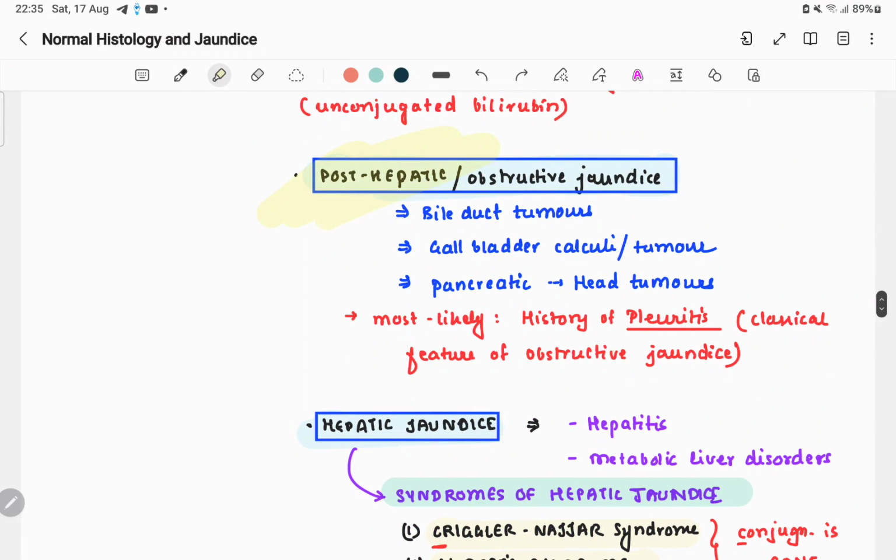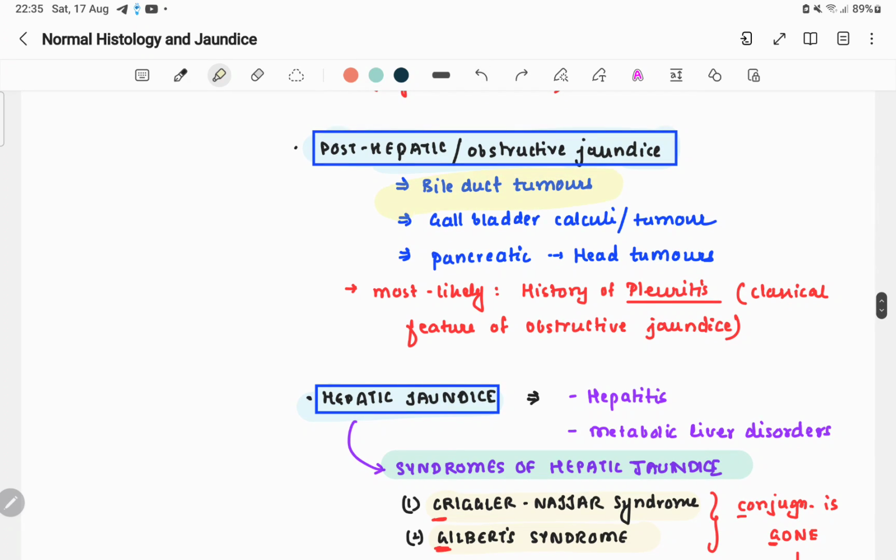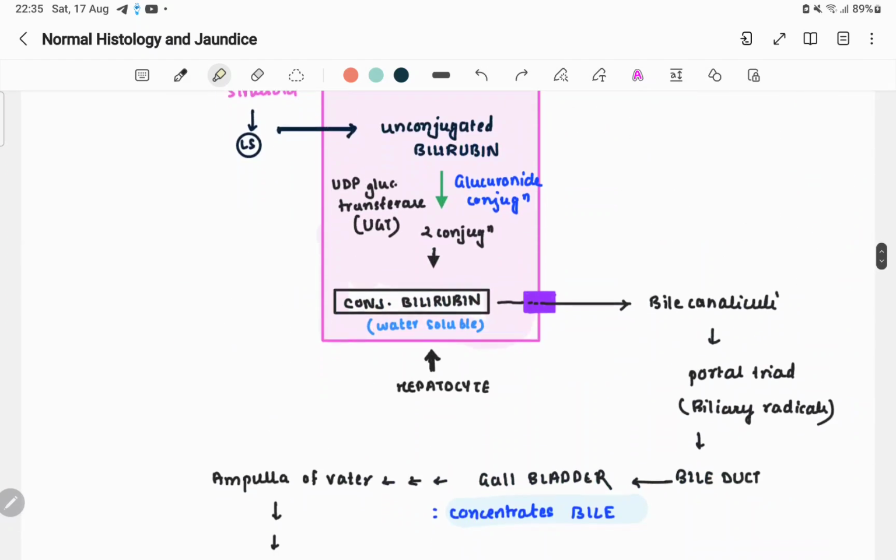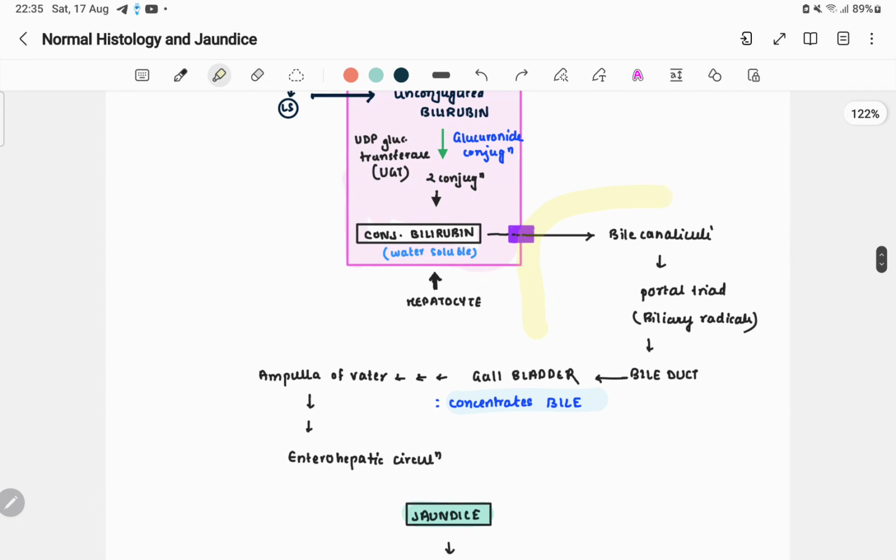Then we have our post-hepatic or obstructive jaundice. Here causes include bile duct tumor, gallbladder calculi, and pancreatic head tumors. Post-hepatic means after exiting the liver, if there is any pathology at this level, either a tumor or a biliary problem like bile stones obstructing it.